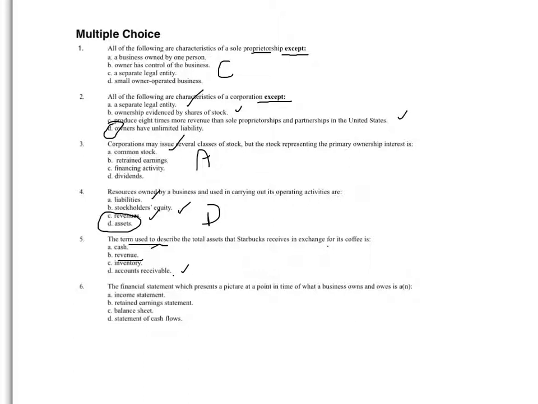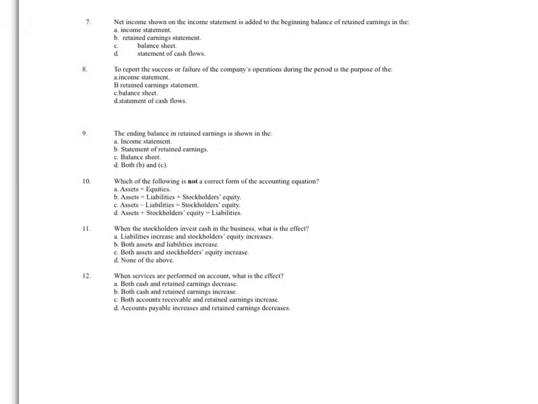6. The financial statement which presents a picture at one particular point in time of what a business owns and what a business owes is a balance sheet. Not an income statement or retained earnings, but a balance sheet. Okay, net income shown on the income statement is added to the beginning balance of retained earnings in which statement?